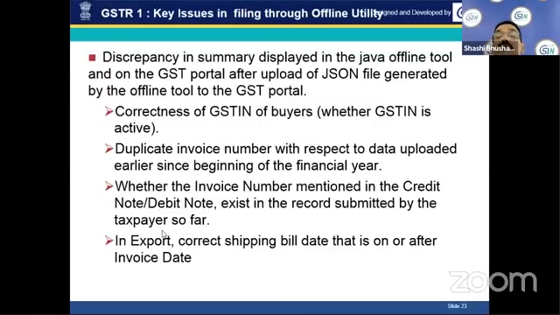Then the system checks whether the invoice numbers are duplicate, because the system requires unique invoice numbers for the whole financial year. In a particular financial year, all invoice numbers should be unique. So if you have uploaded one chunk earlier and then you are uploading another, if there is a duplicate, presently it is getting overwritten, but in case of the August return, it will throw an error.